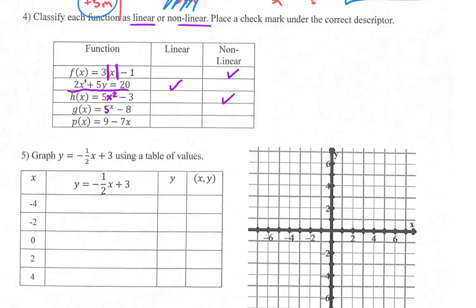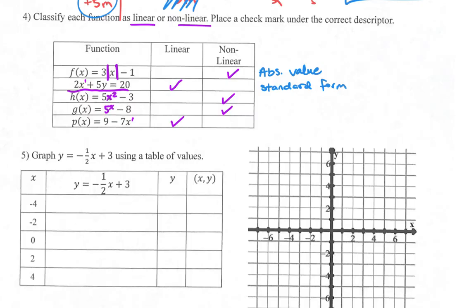The next one has an exponent of x. So that's another nonlinear. That's an exponential. And then the last one is written kind of in slope-intercept form, and I have an x to the first power. So that is a linear. So just to recap, we had an absolute value. We had a linear in standard form. So we liked that one.